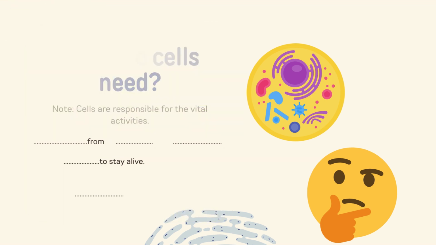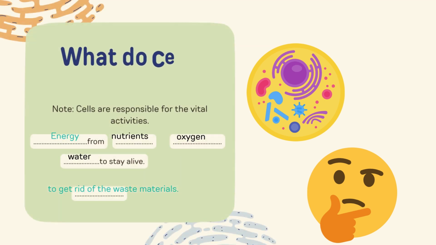So here, the answer for this question is that cells need energy from nutrients or food and oxygen. Also, it needs water to stay alive and to get rid of the waste materials.